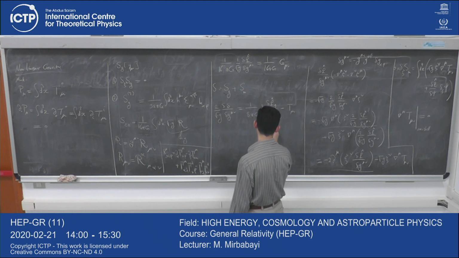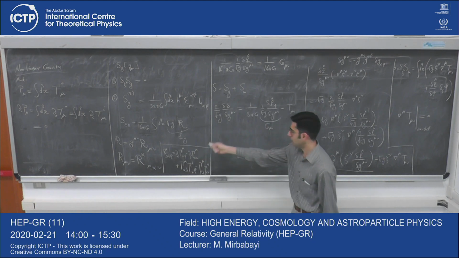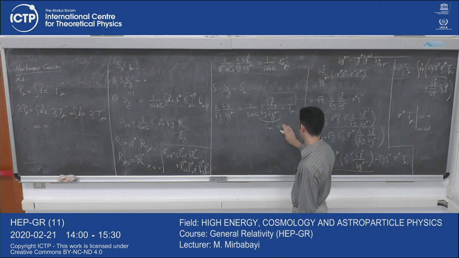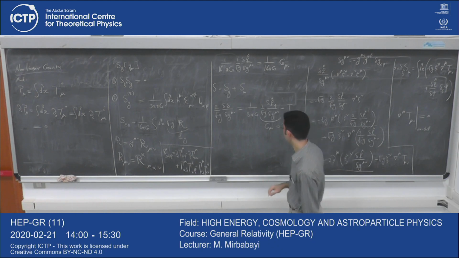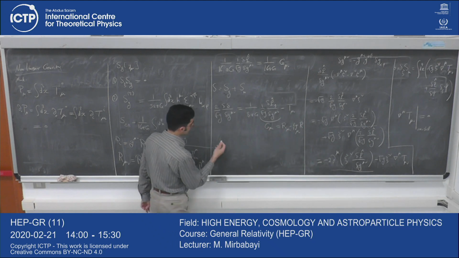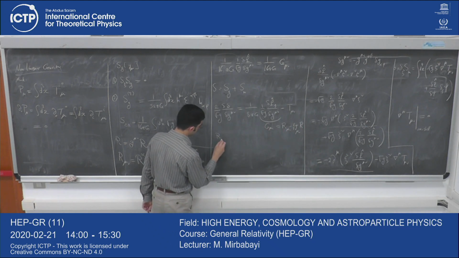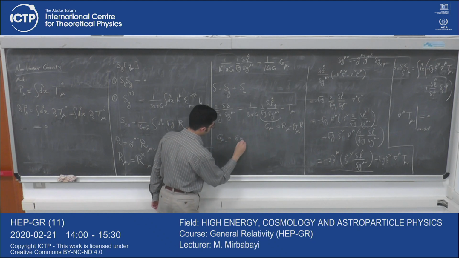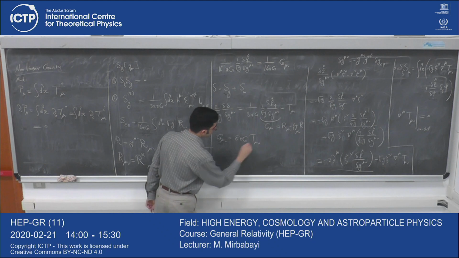This part we call G mu nu is actually related to those quantities, R mu nu minus 1/2 G mu nu times R. And then the equation of motion that we get will be this: G mu nu is equal to 8 pi G times T mu nu.